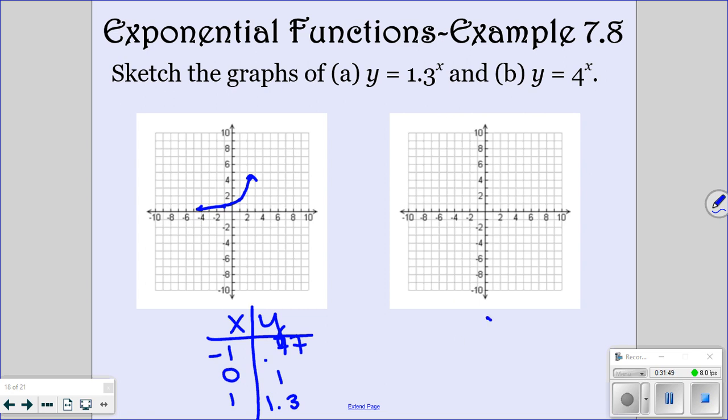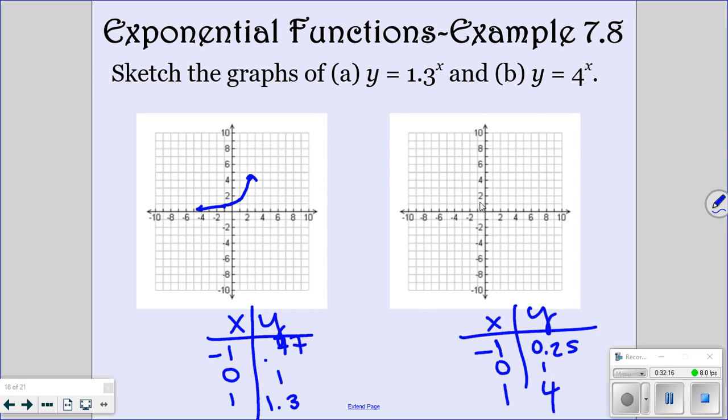Again, just make a chart. -1, 0, and 1. If you need more numbers, you can go from there, but these three are the best three to start with. If you plug in -1, 4 to the -1, if you plug in 0, and if you plug in 1, those are what you'll get.